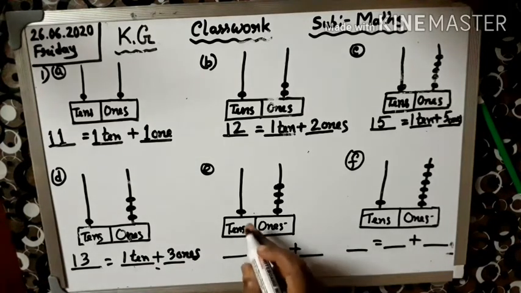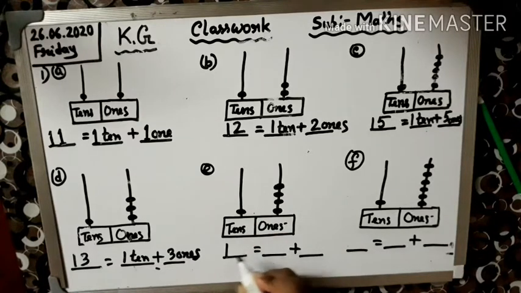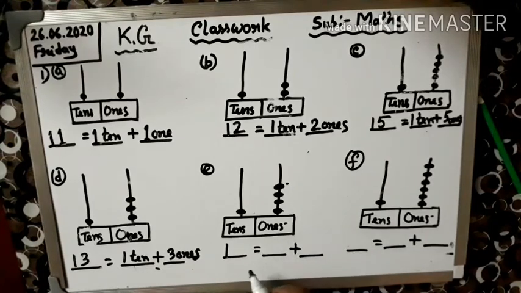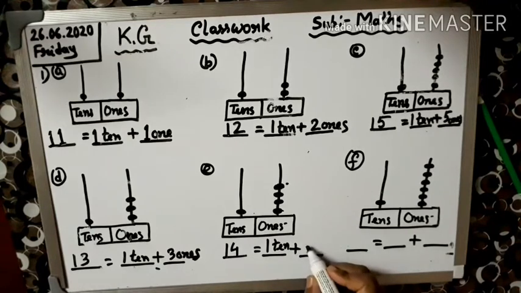Next, 1 bead on the tens spike and 1 2 3 4, 4 beads on the ones spike. 1 4, 14, 1 ten plus 4 ones.